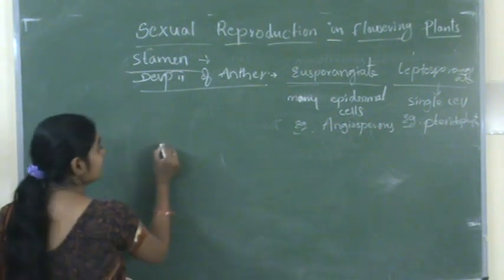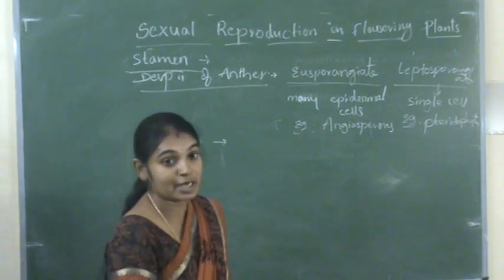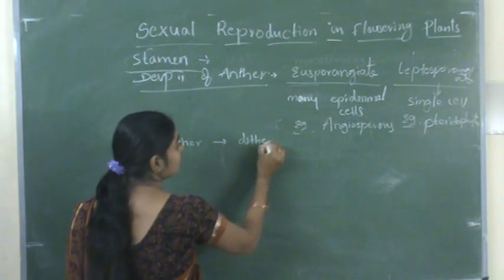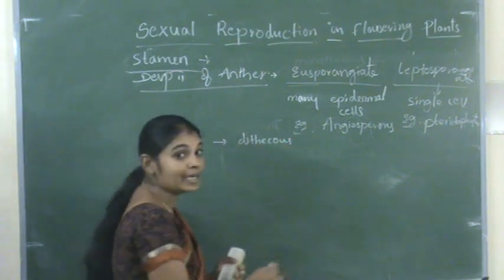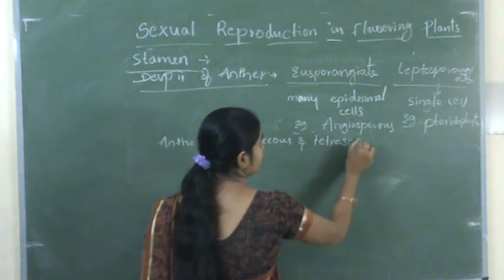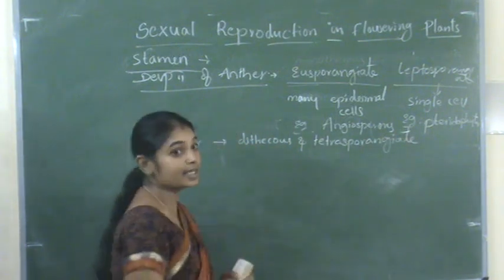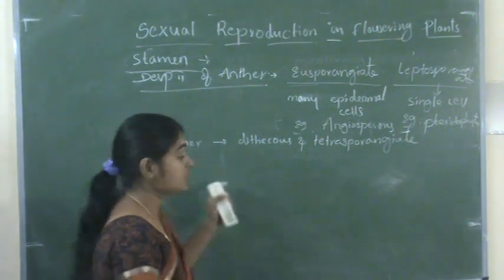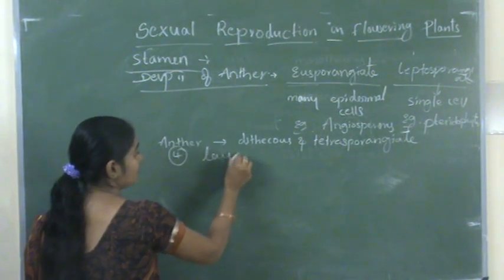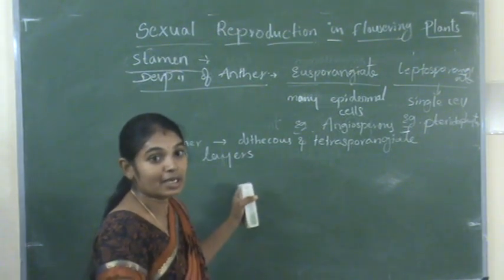And as we already discussed, in flowering plants or angiosperms, the anther is dithecous and tetrasporangiate, and the anther is surrounded by 4 layers.